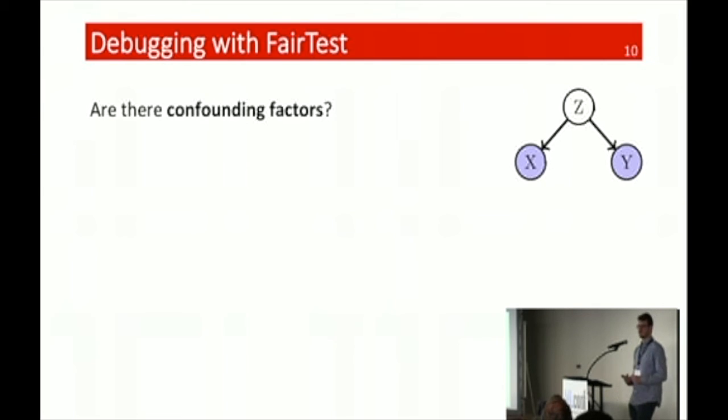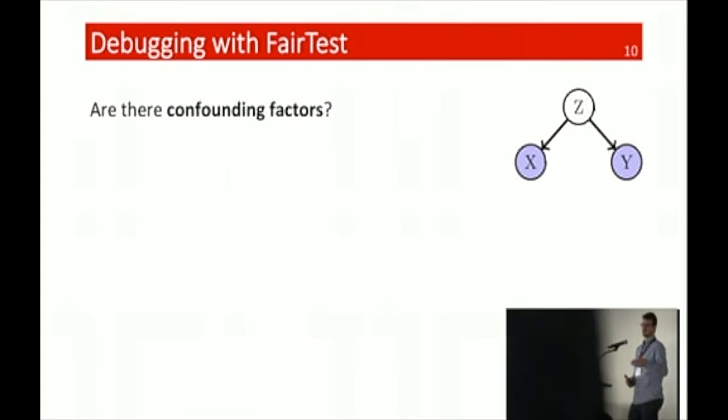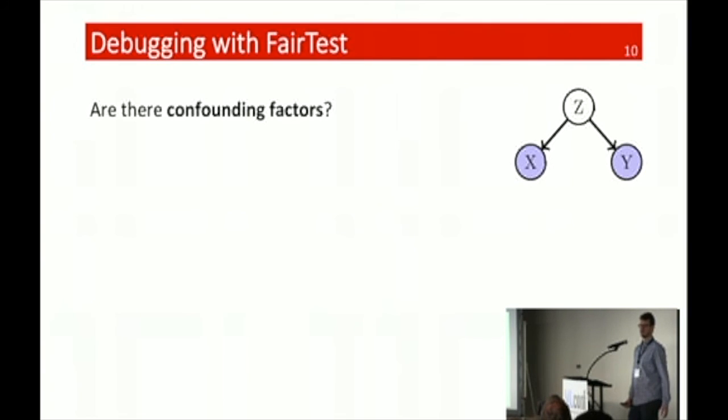It even reversed in some departments. So some departments actually were more keen on admitting women than men. And the problem there was just that the proportion of men and women that applied to different departments were very, very different. And women tended to apply more to departments that had very low admission rates overall. And so that's something that you'd like to detect.